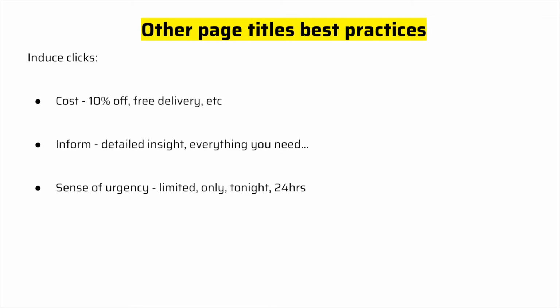So in the title you can say your ultimate guide to safety jogger boot size, everything you need to know. That kind of title induces clicks, so that people think, okay, everything I need to know is in this page, let me click through it.